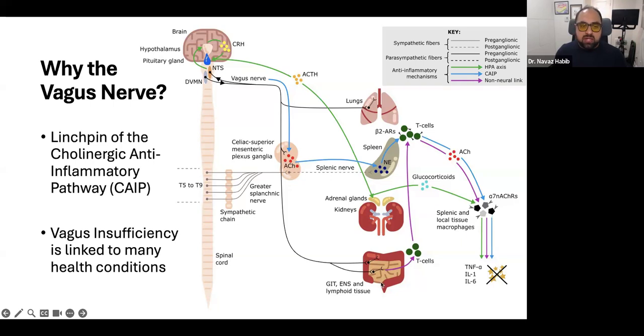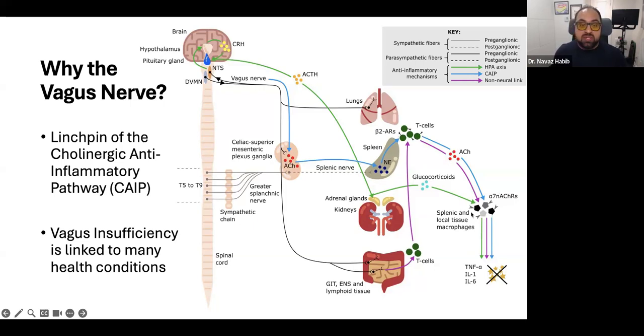And the effect is to turn on the beta 2 adrenergic receptors on these T cells, activating these T cells that are known as CHAT cells, choline acetyltransferase specific CD4 plus T cells, which then go out and release acetylcholine. And acetylcholine is the only neurotransmitter that is utilized by the vagus nerve.